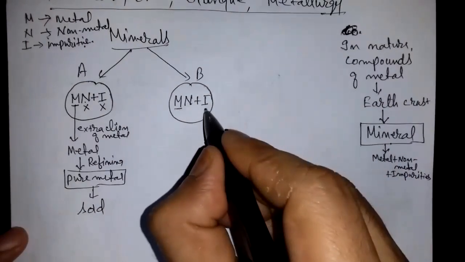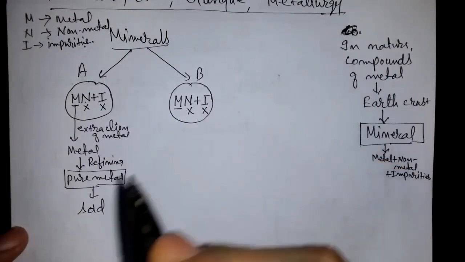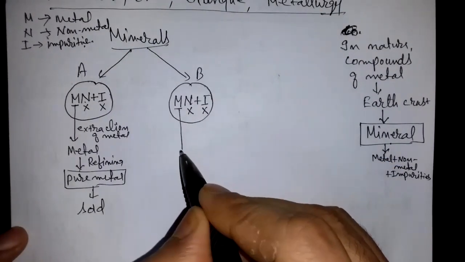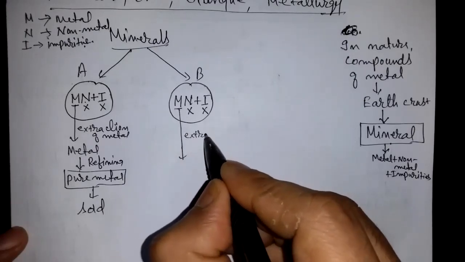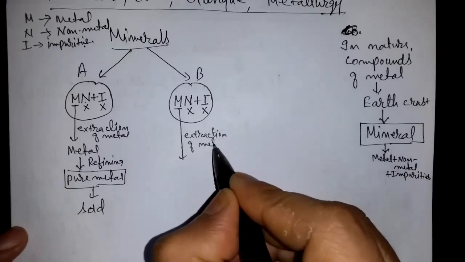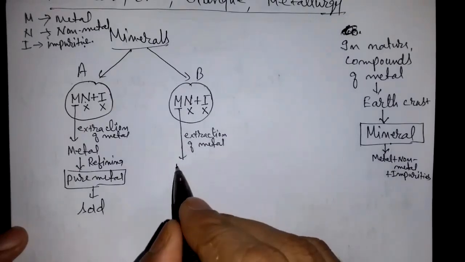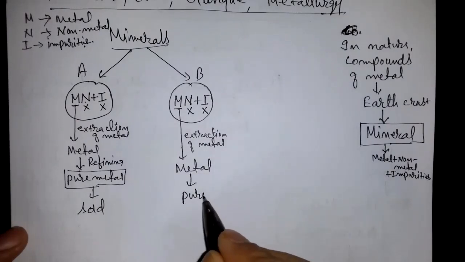Same thing here. First we'll remove impurities, then we'll remove non-metals. For that expenditure will be there. Then we'll get a metal, and the process is called extraction of metal. Same thing, after getting this metal, we have to turn it into pure metal.